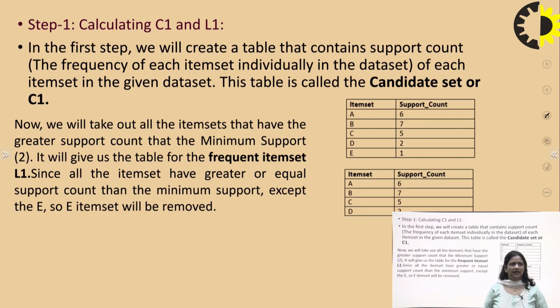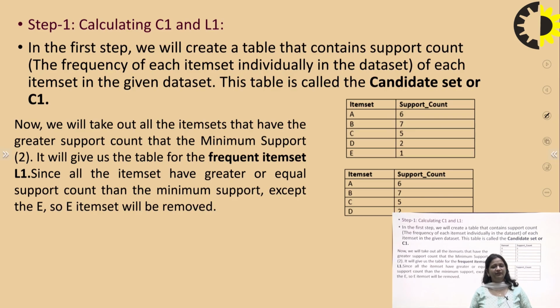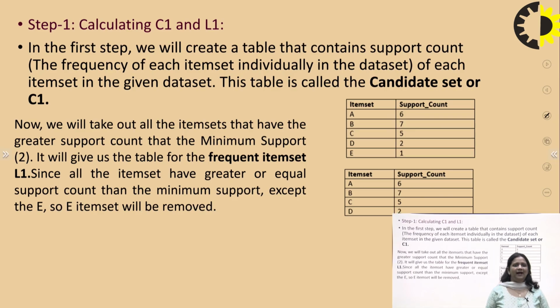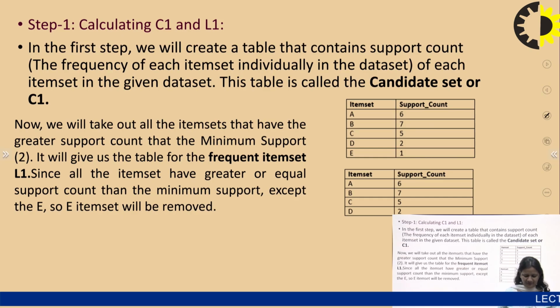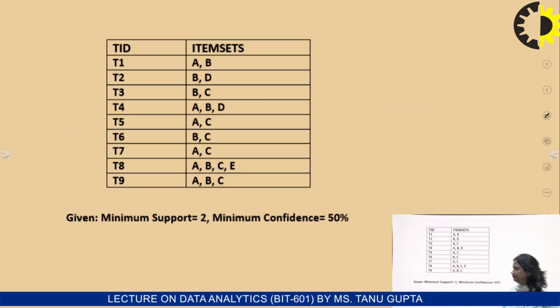Step 1: calculating C1 and L1. So what are C1 and L1? C1 is a candidate set table. In the first step, we create a table that contains the support count of each item in the given data set. This is called a candidate set, or C1. So in the first step we calculate the frequency of each item.